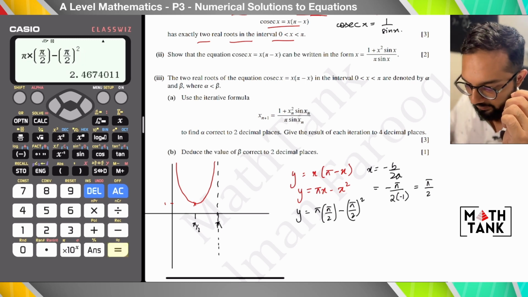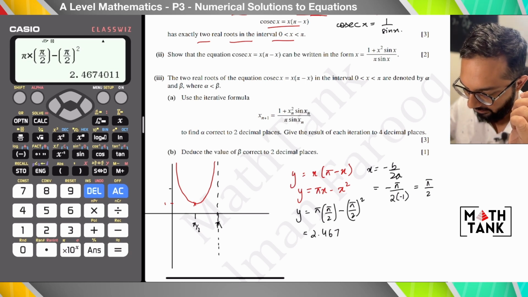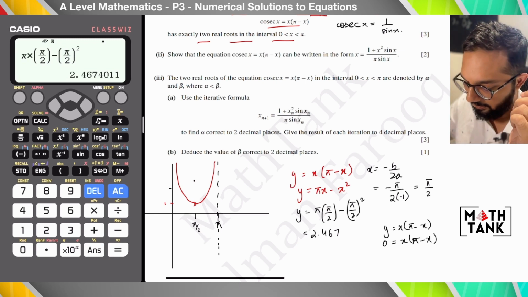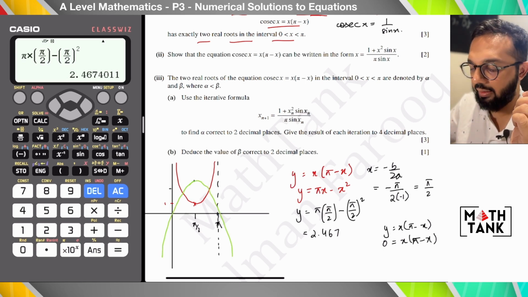Okay, so I get 2.467. So I know that the turning point is somewhere here, and if I look at the x-intercepts, they are at 0 and pi. So I know that my required graph, let's draw that in green, will look something like this. It's a quadratic graph, so it goes like that.